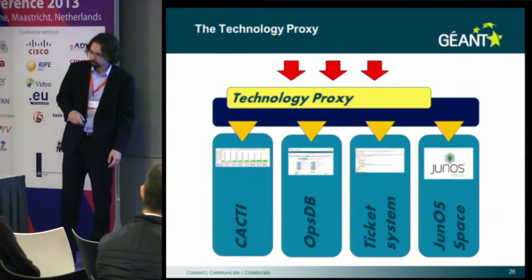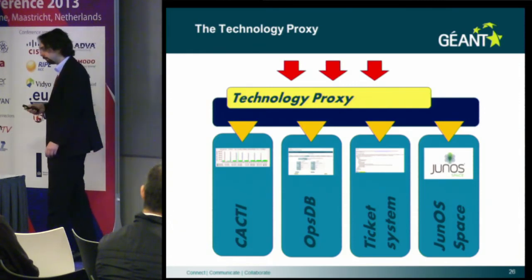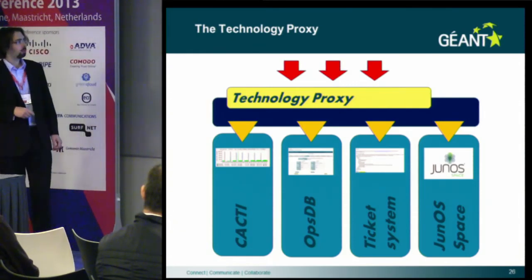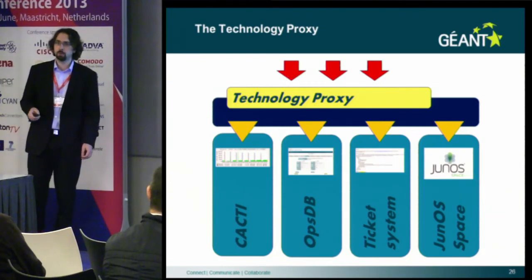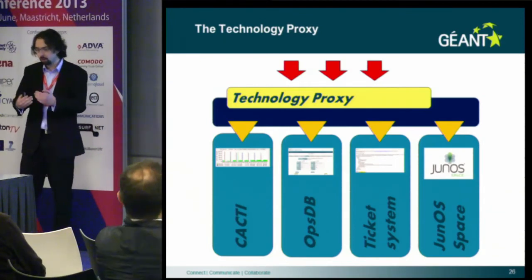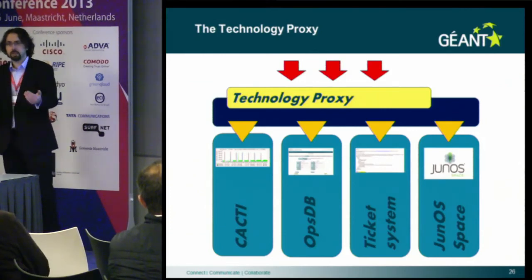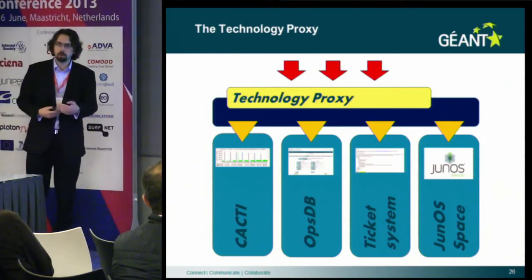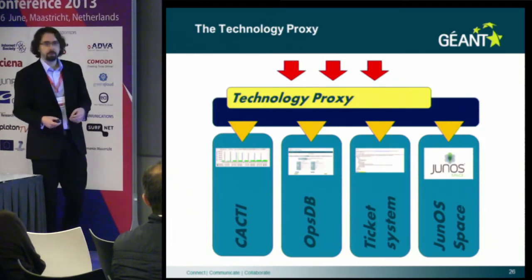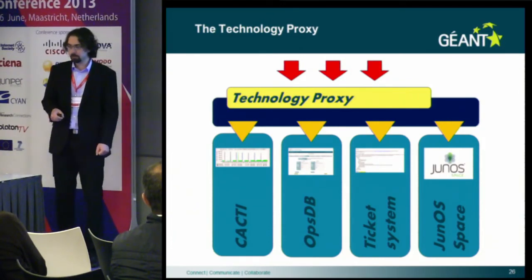So if the NOC receives a call from a customer saying, I'm just trying to create a circuit, I can't, it doesn't work, then they can go look at the ticket system and say, oh yes, we see that we have a problem, there is a ticket raised, and it's being addressed and handled a lot quicker than if it was just, okay, let me try to find the circuit.